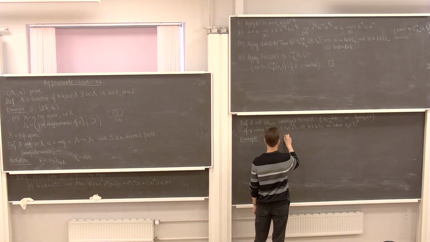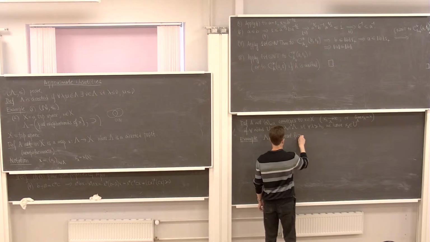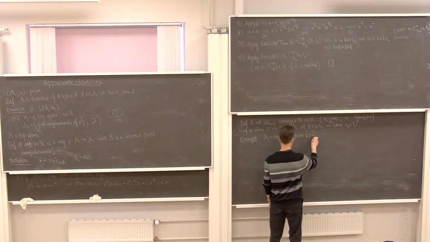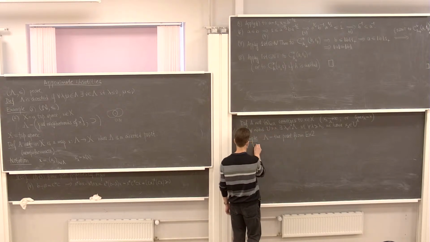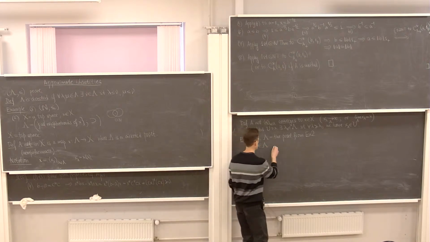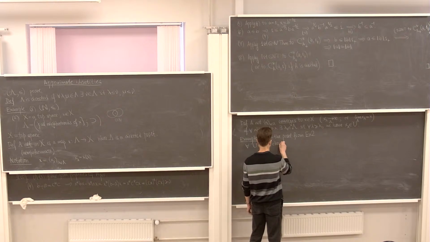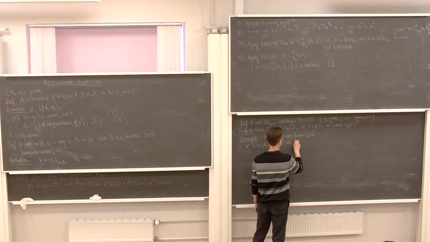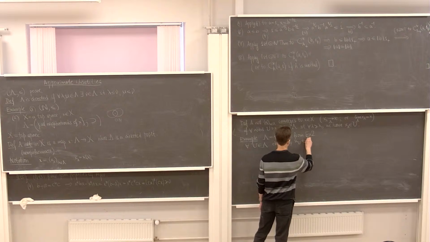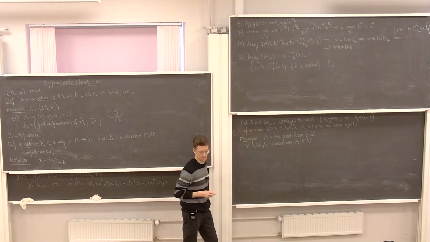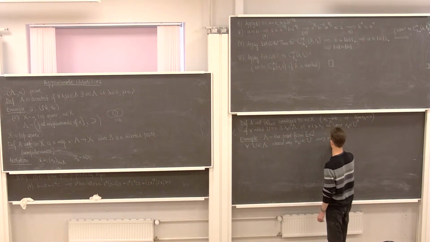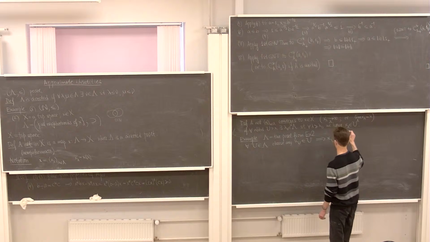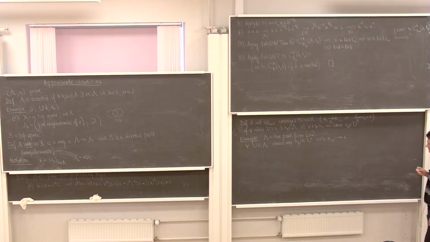So we take any U in this set, this is a neighborhood of x, and choose an arbitrary point x U belonging to U. Then we trivially have the following convergence: x U converges to x, just by the very definition of a convergent net.